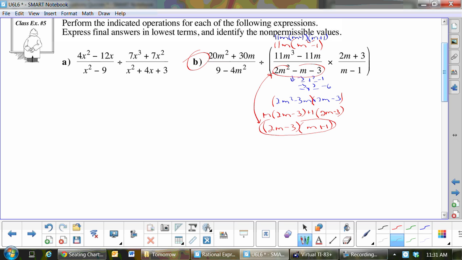The m plus 1 will cancel with the m plus 1 that I just made, and an m minus 1 canceling with this m minus 1 over here. So on this entire side now, what do I got? I got 11m times 2m plus 3 all over 2m minus 3.